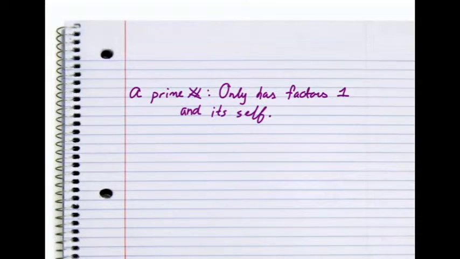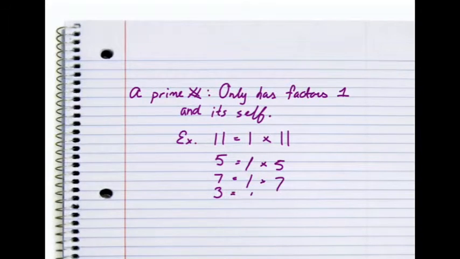So an example would be the number 11. 11 can only be solved for if we multiply the number 1 times 11 itself. Some other examples are 5, 7, 3. All of these numbers can only be multiplied by 1 in order to equal themselves.